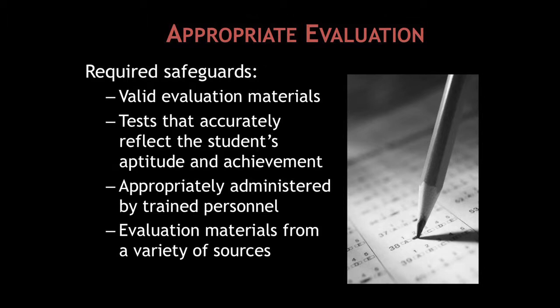Tests must accurately reflect the student's aptitude, achievement, or other factors. A valid evaluation must be appropriately administered by trained personnel. And the evaluation materials must come from a variety of sources. Using a score from a single test alone would be inappropriate.